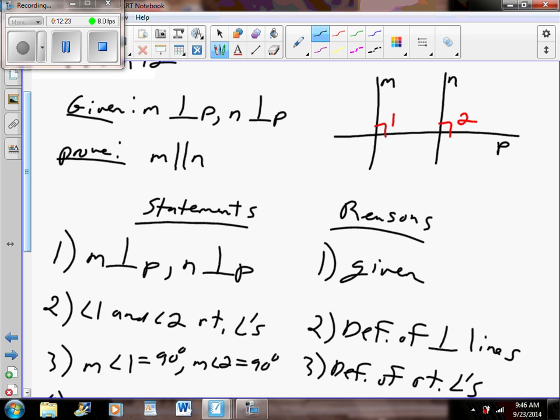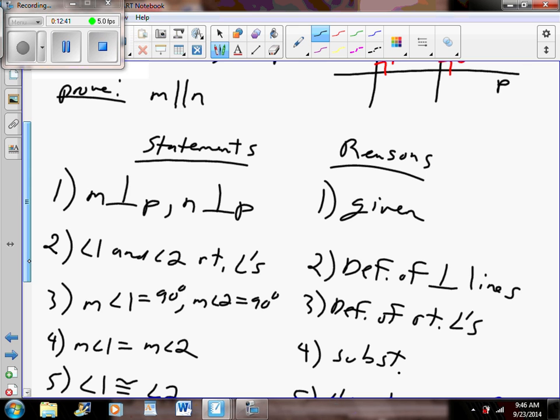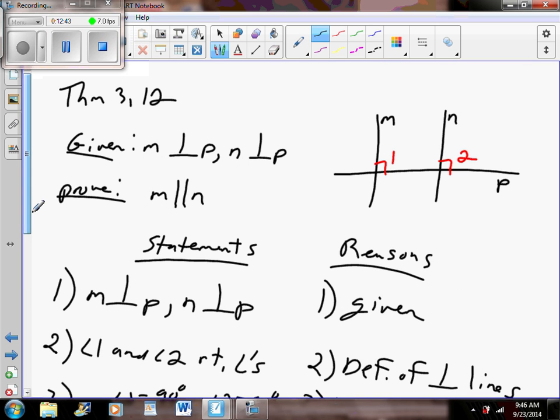I know you see it in the diagram, but technically we need to make a statement involving that. The definition of perpendicular lines would be our justification: one line is perpendicular, you get right angles. The measure of angle 1 is equal to 90 and the measure of angle 2 is equal to 90 degrees. That is the definition of right angles. So what I'm trying to do here before I continue on, I've got these two lines.